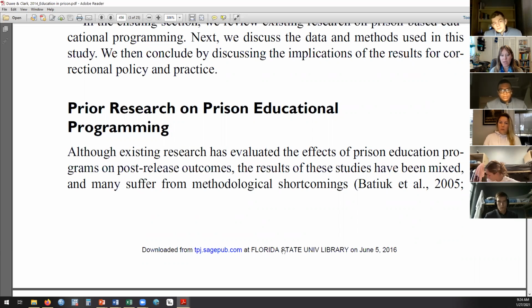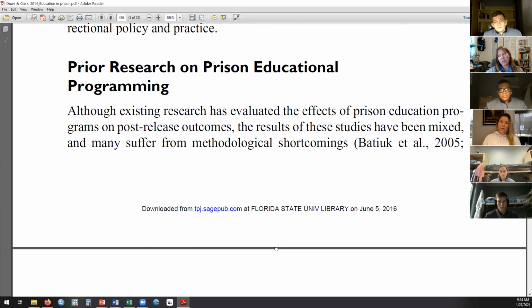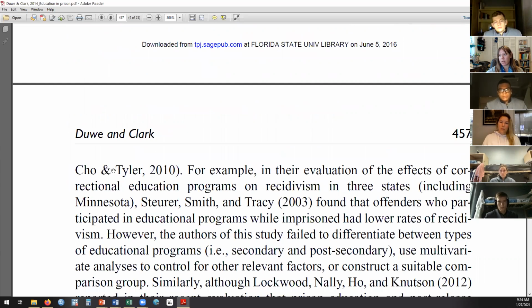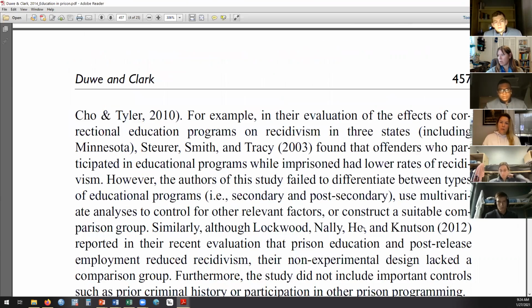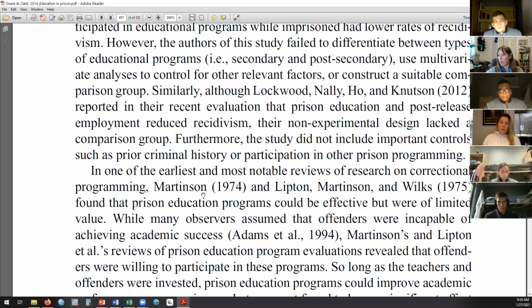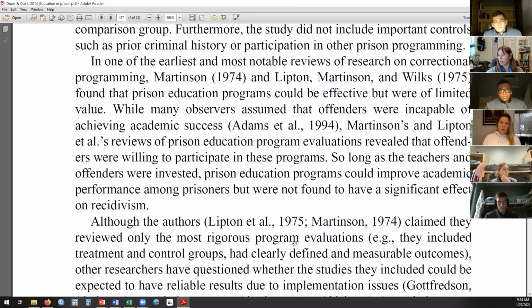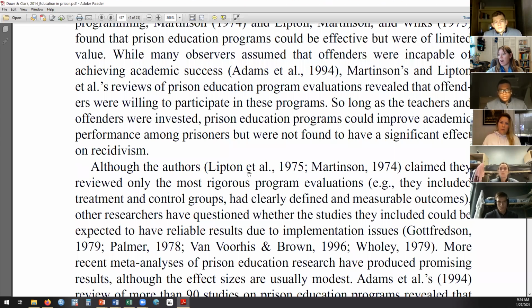The only reason I would ever suggest that you read the lit review for this project in particular is if you're having trouble finding 5 studies, right? So if you can only find 2 on your topic, if you scan through their lit review, look, there's 1, 2, 3, 4, now Martinson. They're bringing up Martinson. That's the follow-up to that Martinson article that I was talking about.